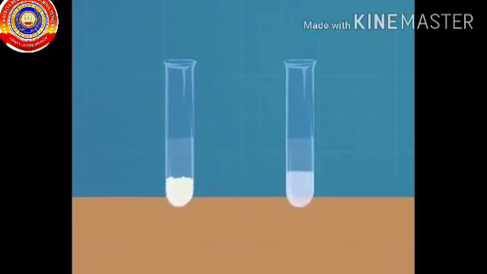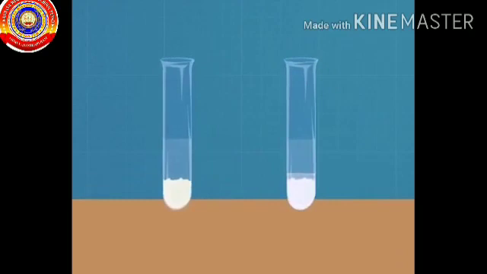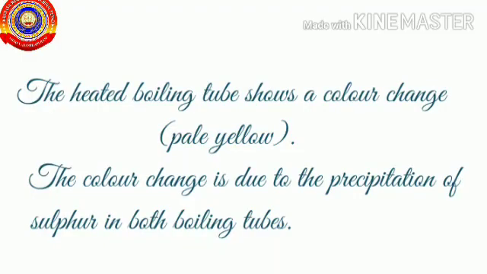Add dilute hydrochloric acid in equal amount in both the boiling tubes. Now what do you observe? In which of the boiling tubes is the precipitate formed faster? What is the color of the precipitate? The color change is due to the precipitation of sulfur in both boiling tubes. Now see the equation.